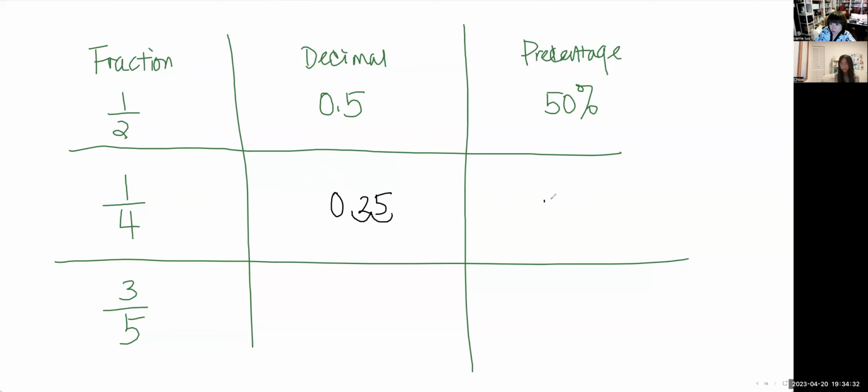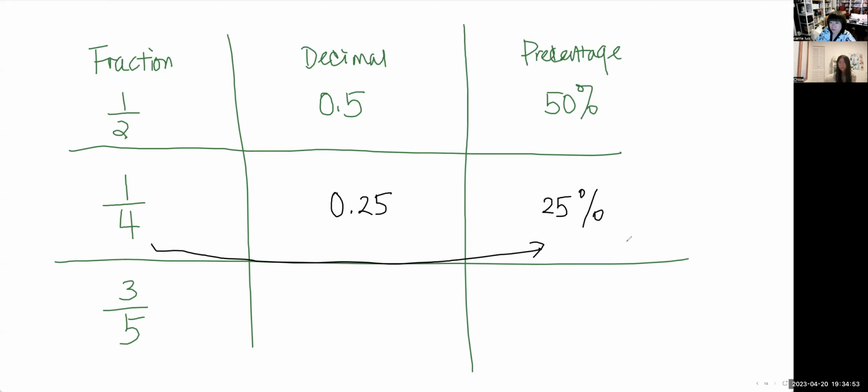So what is the answer? 25%. Very good. And what if, when you're doing the homework, you totally forgot how to go from decimal to percentage by moving the decimal? You can always use the fraction to do the percentage as well, correct?